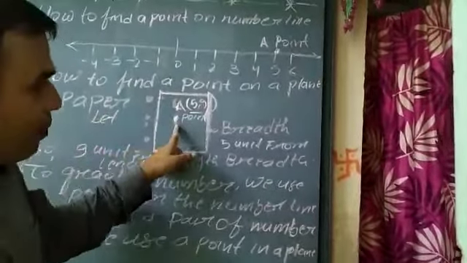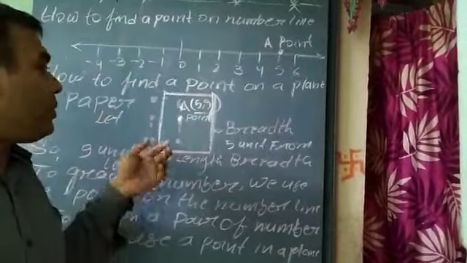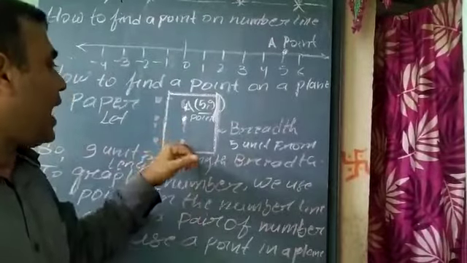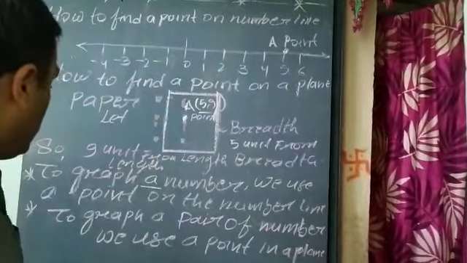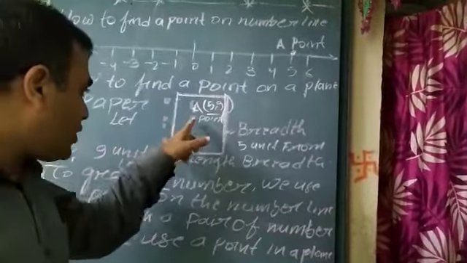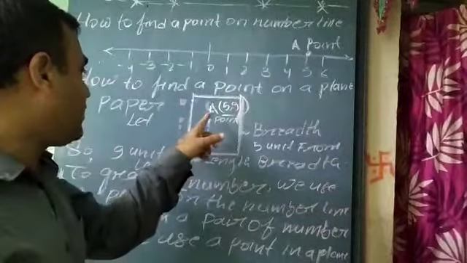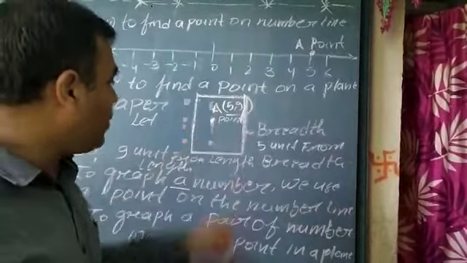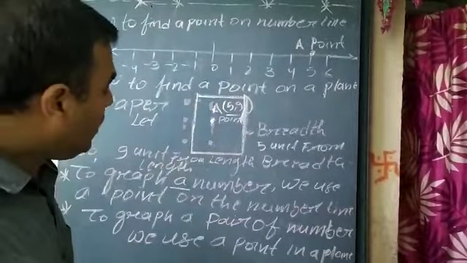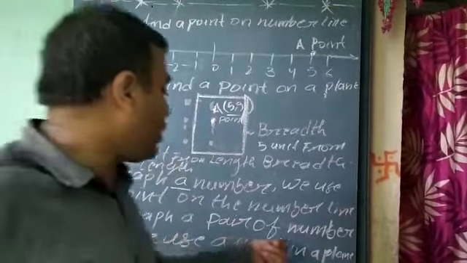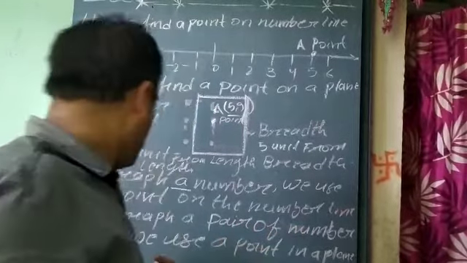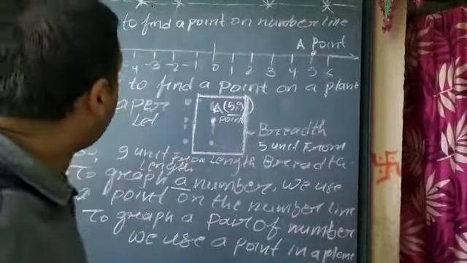So to denote a point on a plane, we have to consider both sides, the length side as well as the breadth side. To graph a pair of numbers, we use a point in a plane.